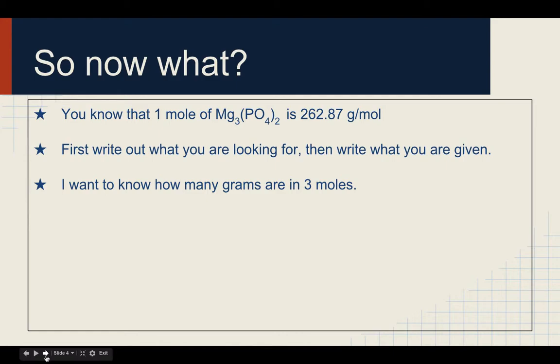Since I want to know how many grams are in 3 moles, my first step is X grams, or the unknown amount of grams, is equal to 3 moles of Mg3(PO4)2, magnesium phosphate. That is my first step. Here is what I want. Here is what I have.